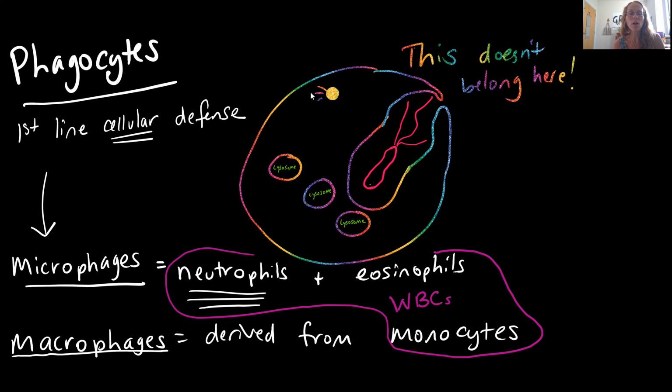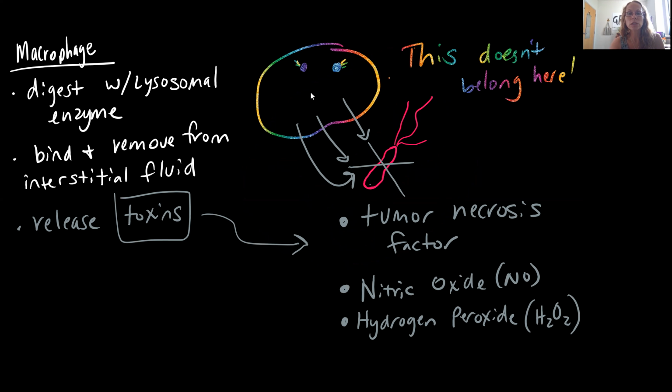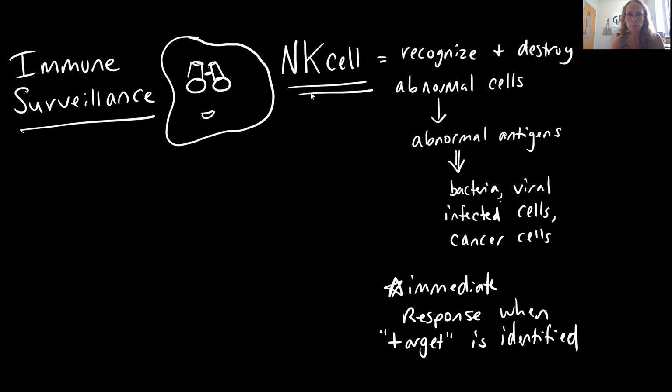And then the third way is the release of toxins. There are 3 listed here: tumor necrosis factor, nitric oxide, which we've talked about a little bit previously. The abbreviation there, remember, is NO, or hydrogen peroxide, H2O2, all of which can be toxic to invading pathogens.